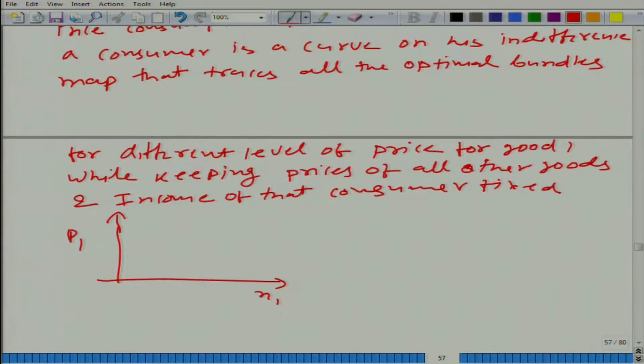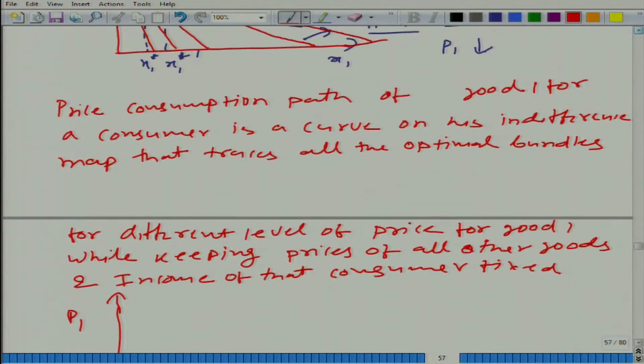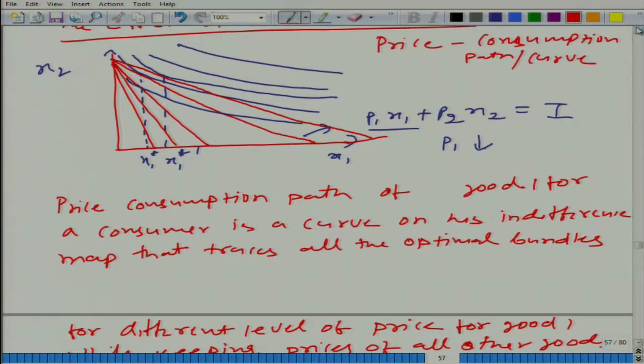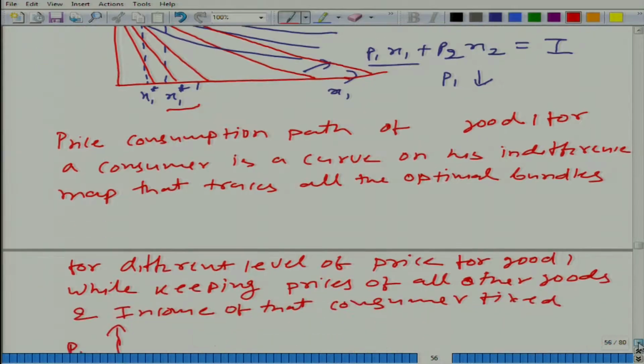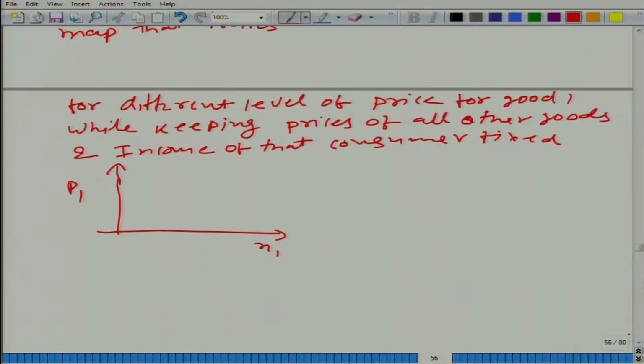And of course, again from here we can figure out, because for different levels of price of good one, we are obtaining different quantities of good one demanded. So, we can figure out all the pairs and we can draw them. Typically, we will get here a downward sloping curve, and this downward sloping curve is nothing but demand curve or demand schedule.